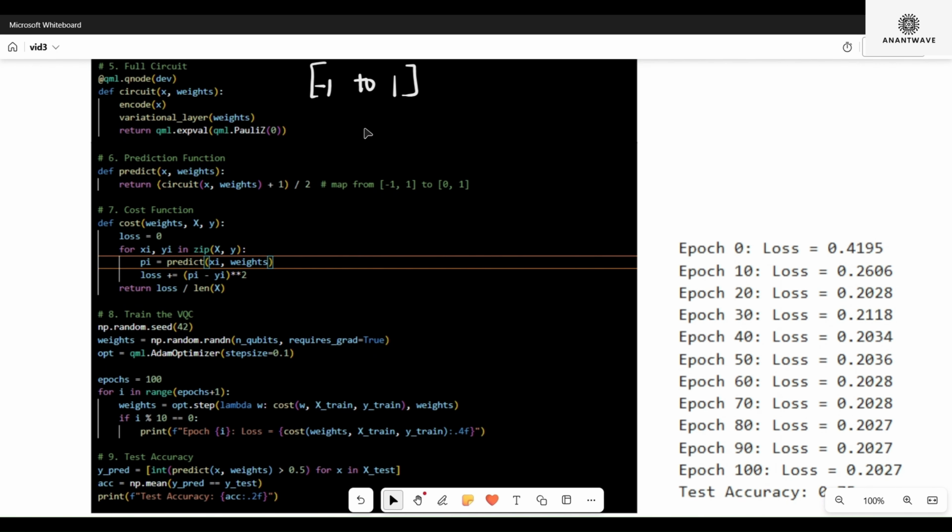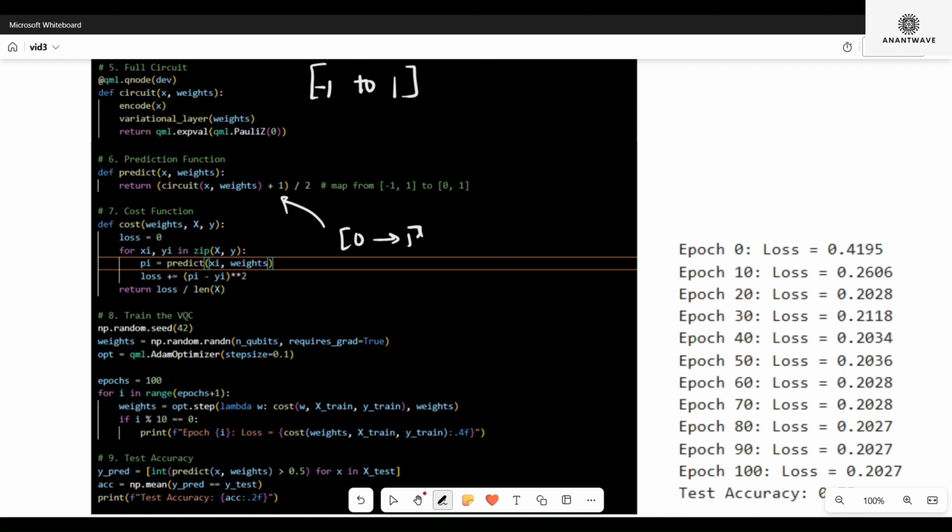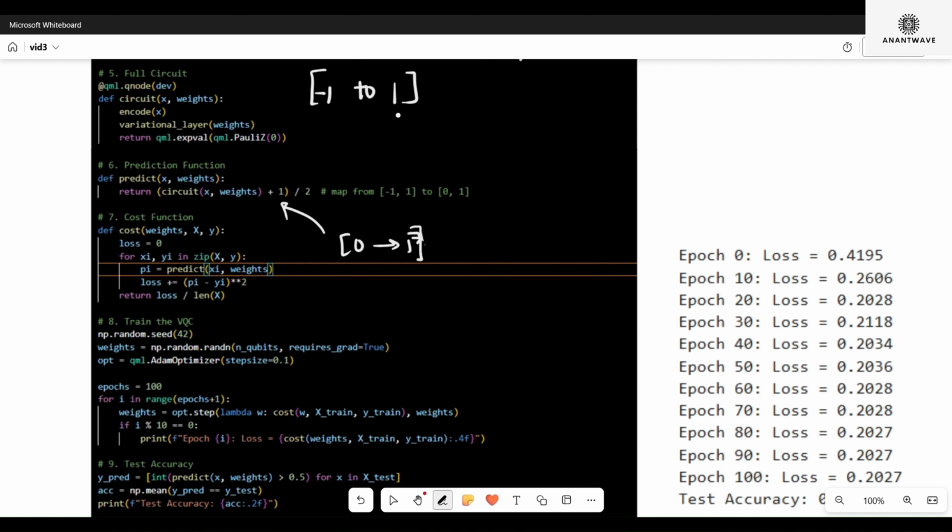But we need the output as a probability score, that is 0 to 1. So I'm applying a prediction function which maps -1 to 1 onto 0 to 1.